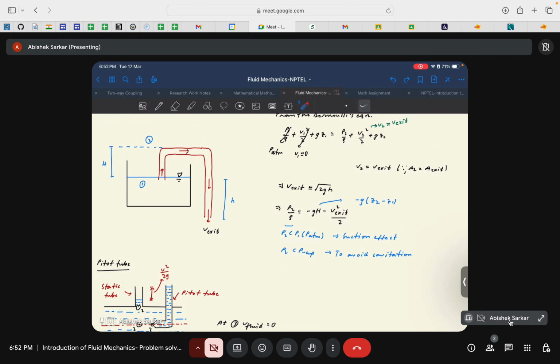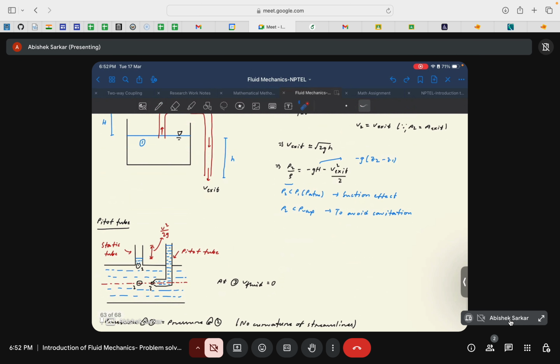Then there is one more concept: if the suction pressure, your P2, turns out to be lesser than the vapor pressure of this particular fluid, then it can cause cavitation. But it's just a one-liner conceptual understanding.